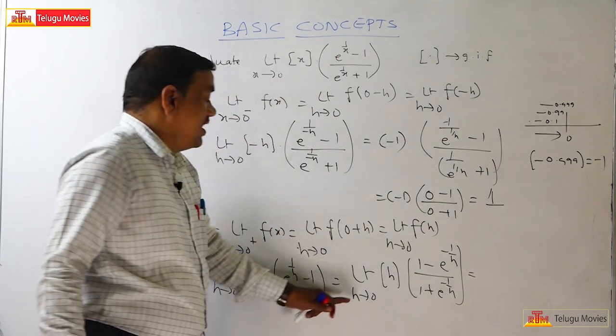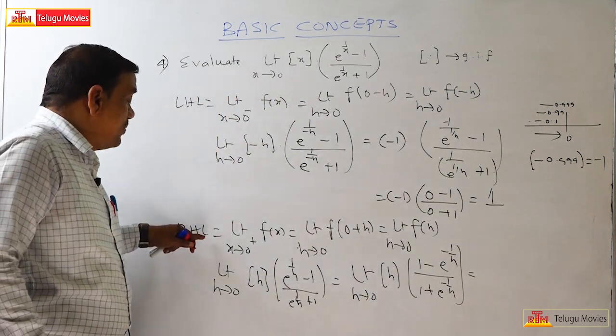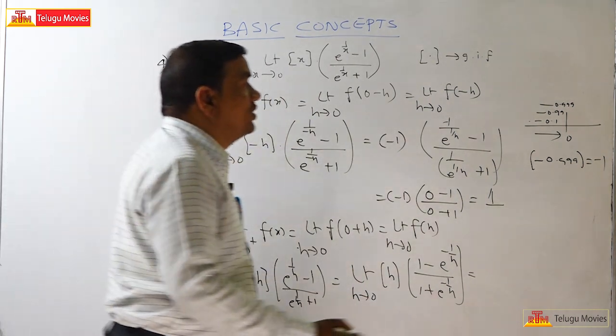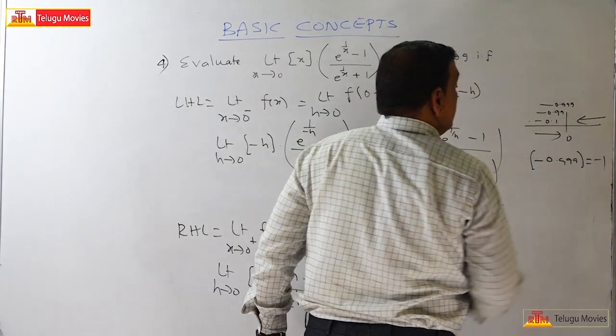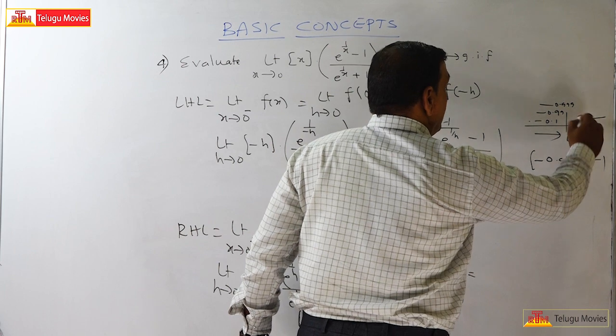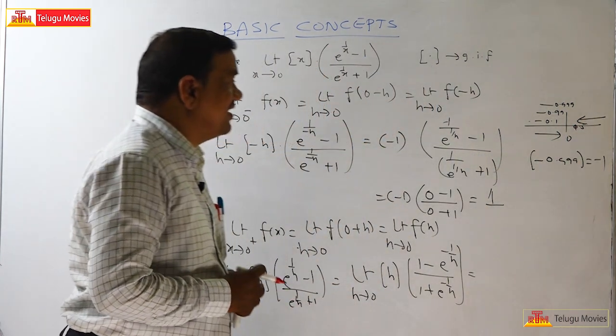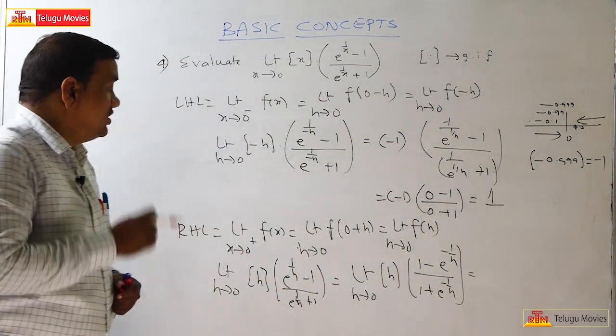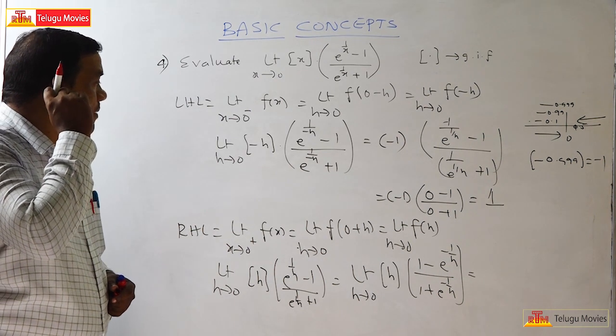See here, as h tends to 0, you are approaching 0 from the right side. You are approaching 0 from the right side means what? So this will be how much here? This is 0.5, 0.6, 0.9, like that you will get. So limit h tends to 0, we are approaching.